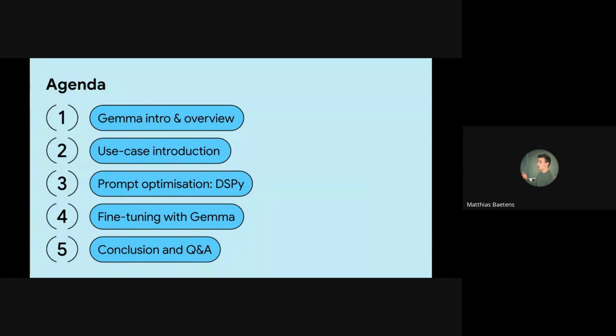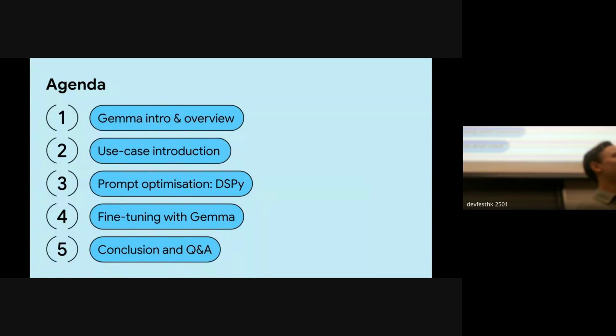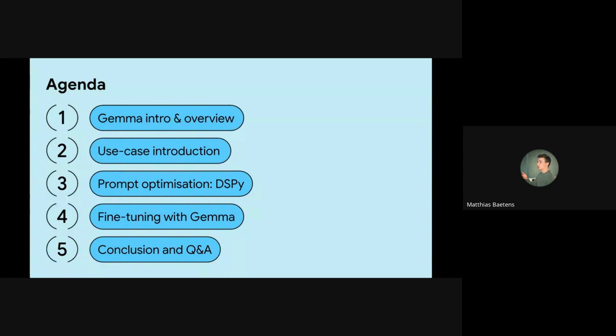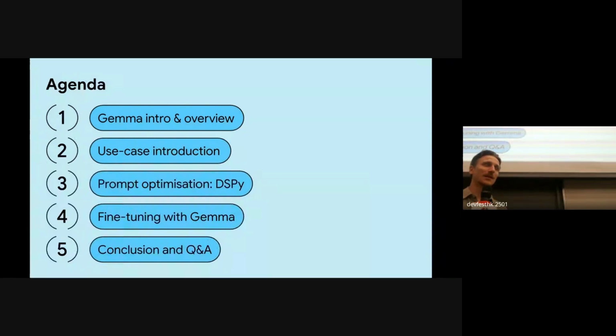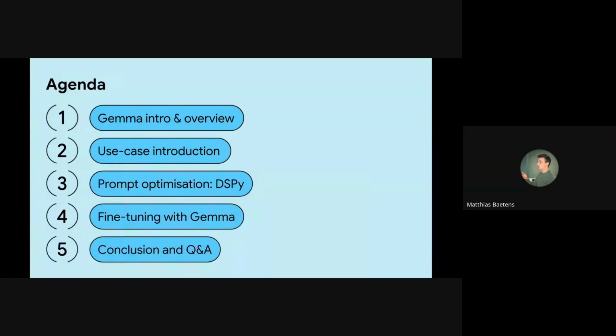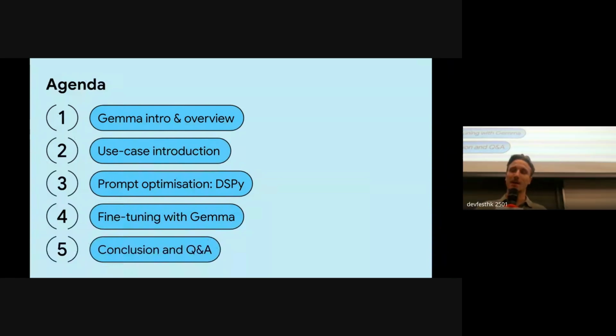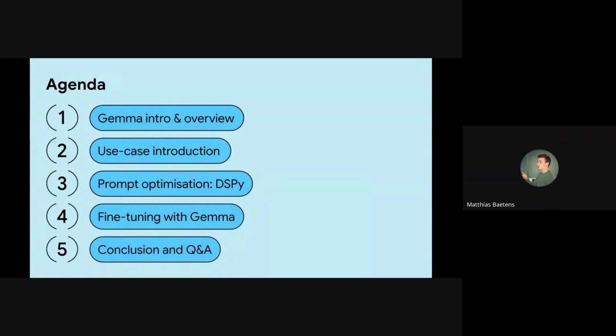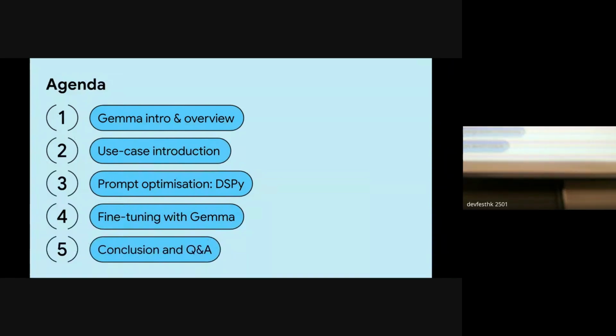A little bit, I see one hand. Okay, so at least I'm going to teach some. Then in section 4, we'll talk about fine-tuning, which I guess most of the people here are here for. And then I have quite a few learnings from along the way that I'd like to share with you.